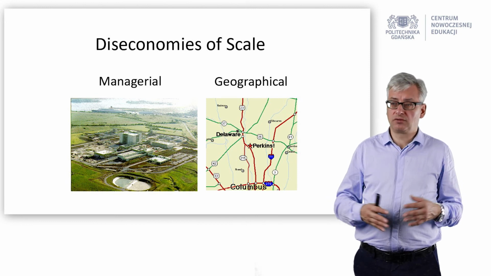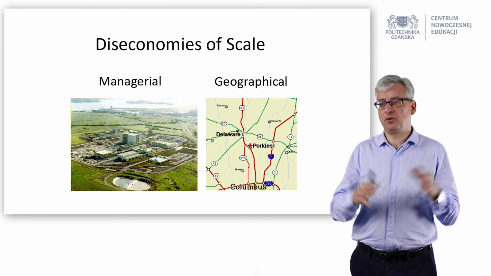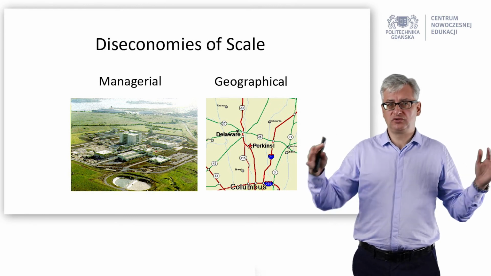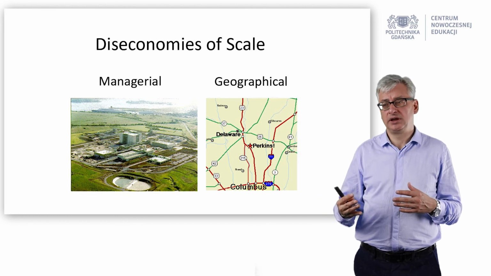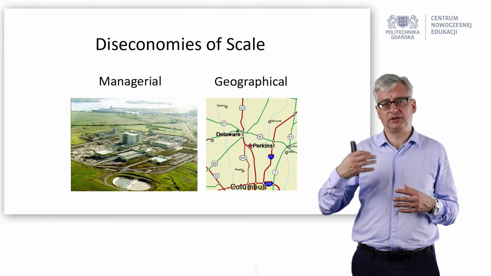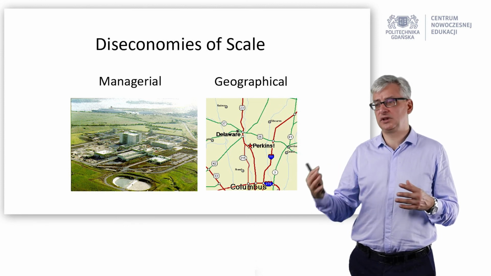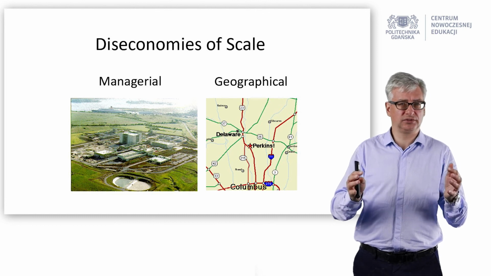And there are geographical diseconomies of scale. So when you want to operate on a huge area, that may become so costly that you cannot actually efficiently produce. So this is like sugar production factories, for instance, right?